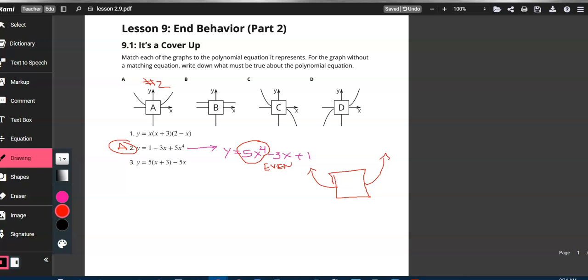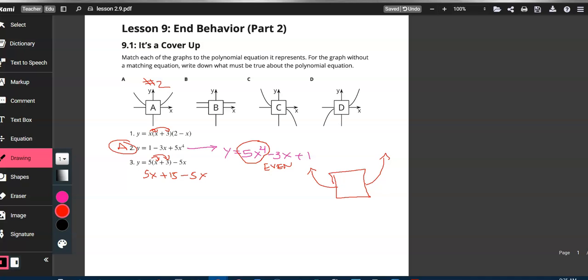Let's do one more. On number 1, you could multiply everything, and you're going to get a polynomial like this, and check the degree and check the leading coefficient to see which one it is. Number 3 is 5x plus 15 minus 5x.